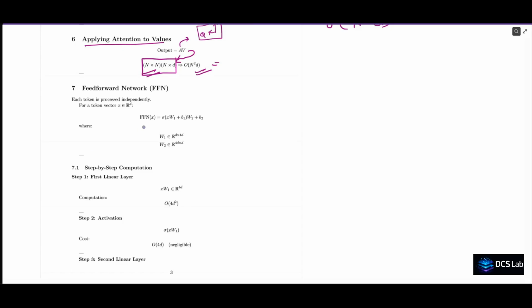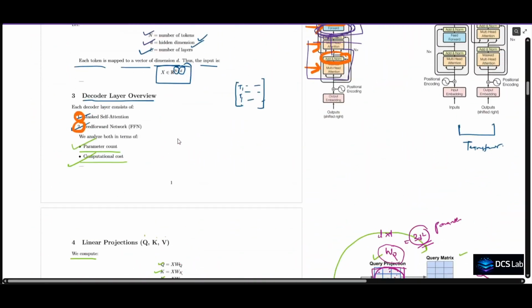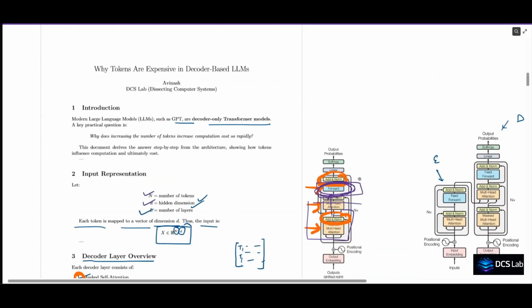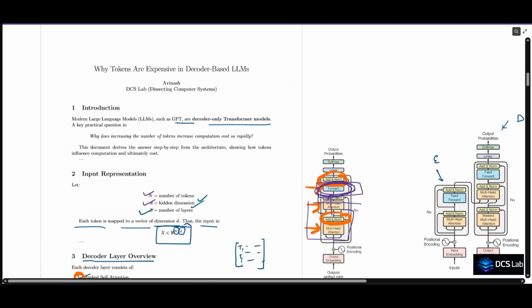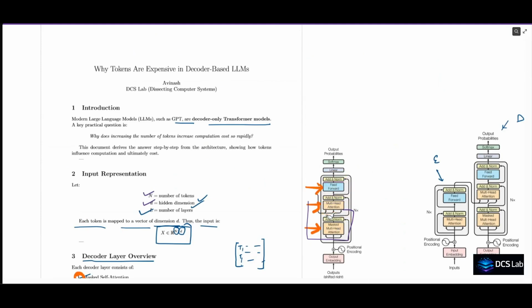All right, so now since we have already computed the cost of the self-attention component, now comes the feed-forward neural network. As per our architecture above, we know that the multi-head attention component is followed by the addition norm layers and the feed-forward neural network here, right?